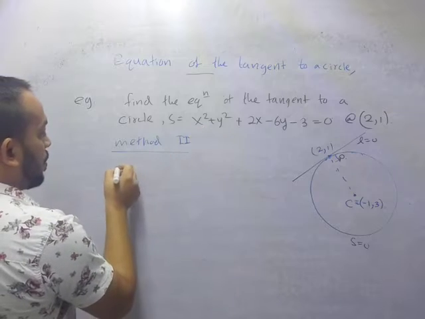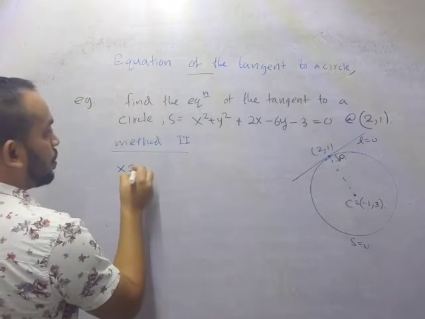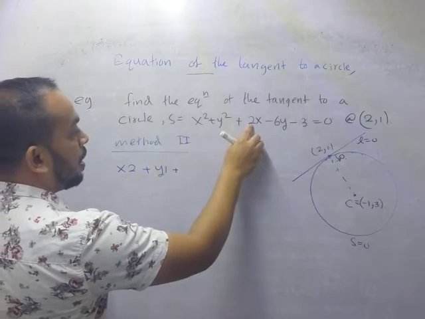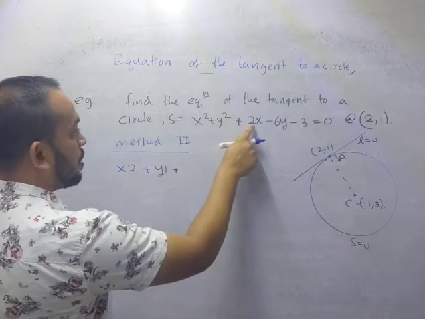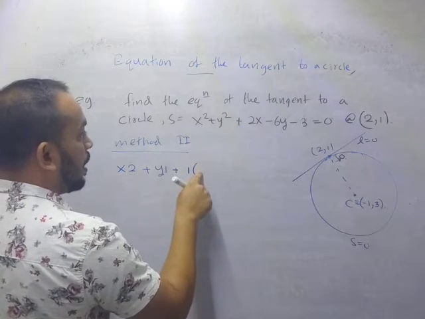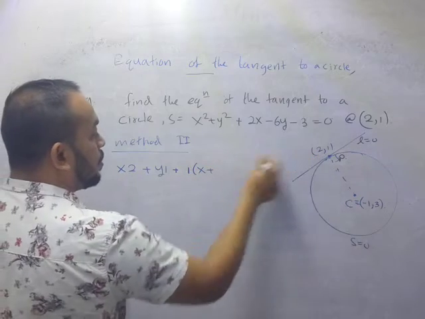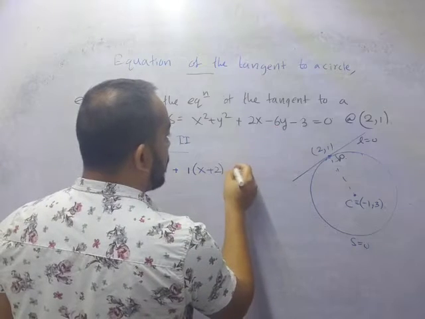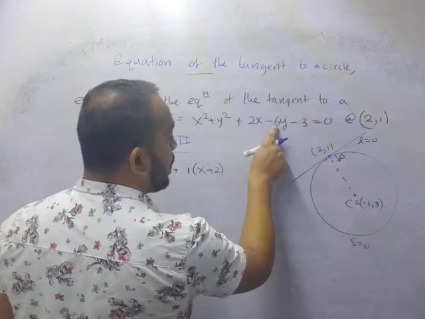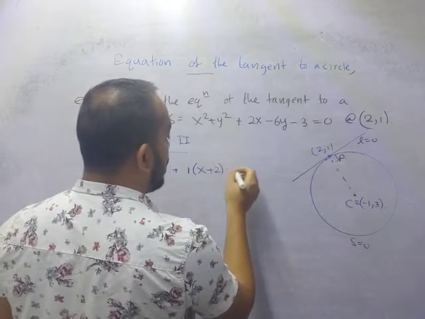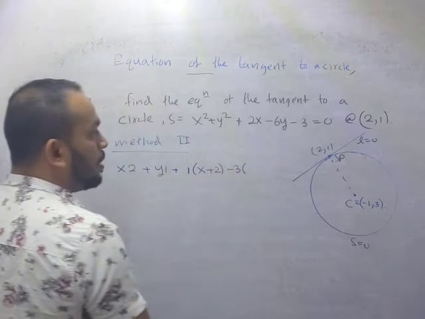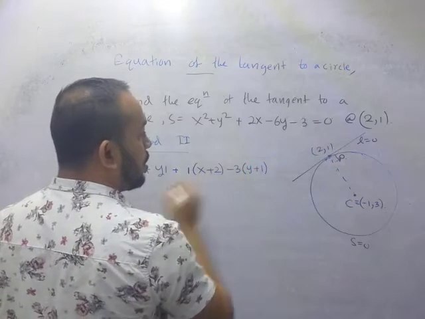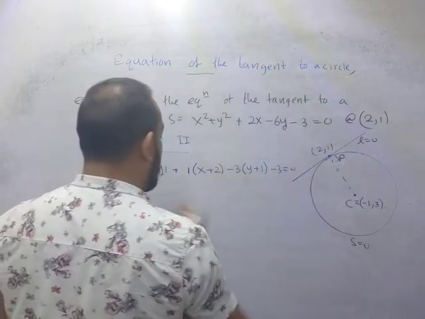So instead of x squared, I'm going to write x and the point 2, plus I'm going to write y and the y point 1, plus I'm going to write, this is 2x now, g should be 1 in that case, 1 times x plus x naught, so x plus 2, then I'm going to write f, f should be minus 3, times y plus y naught, so y plus 1, minus 3 equals 0.